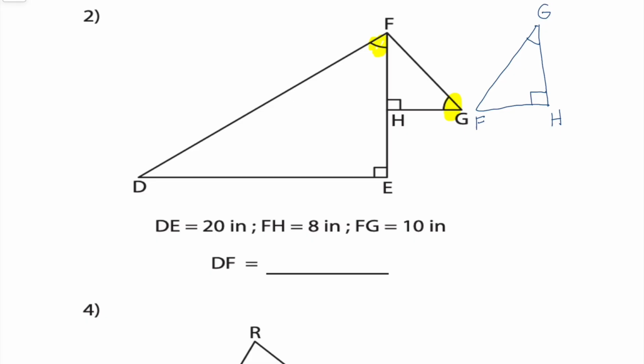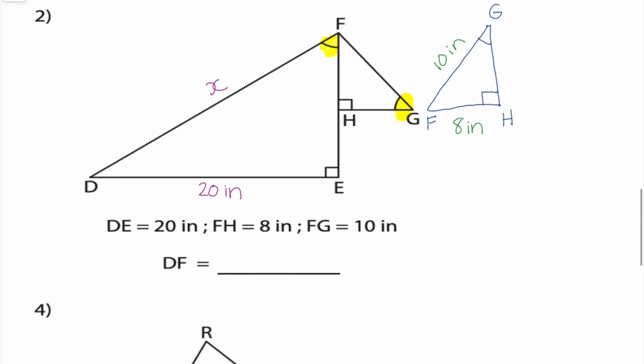So in this big triangle, I have DE is 20 inches. And in the small triangle, I have that FH is 8 and FG is 10 inches. And it wants to know DF, which is this here.